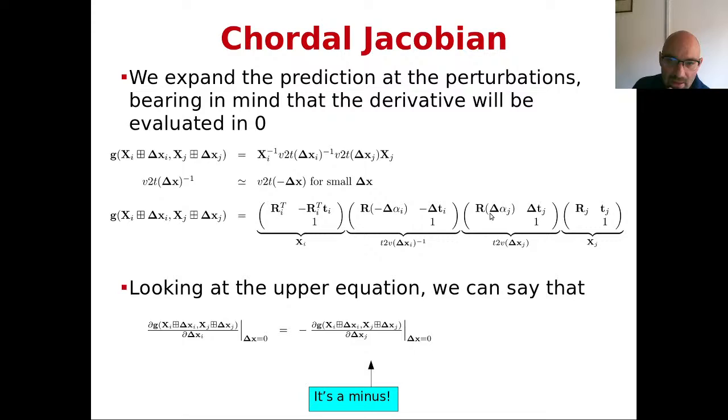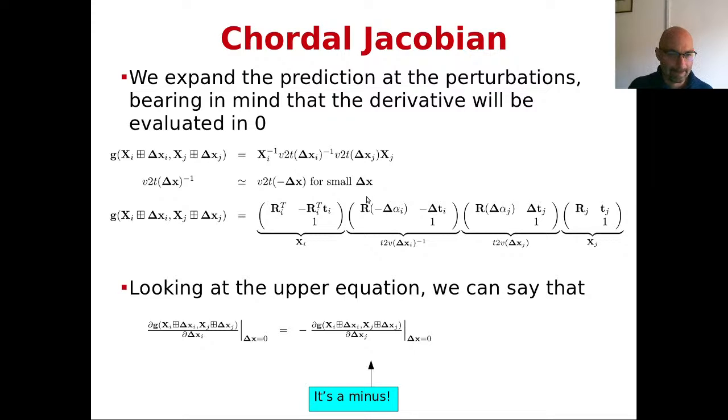Remember that once we derive, this matrix here disappears because we are deriving with respect to alpha I and with respect to ti. Okay? So this object here is evaluated in 0, so it becomes the identity.